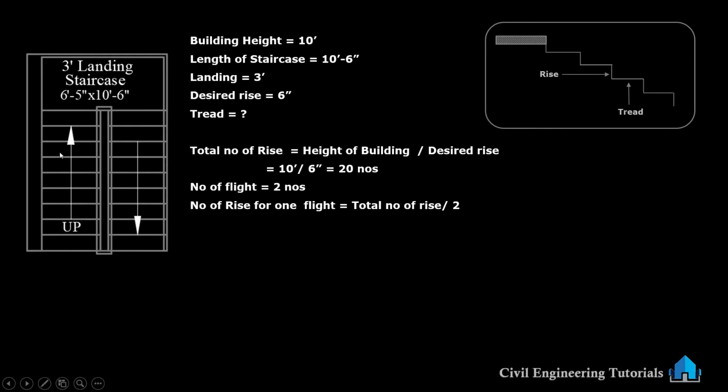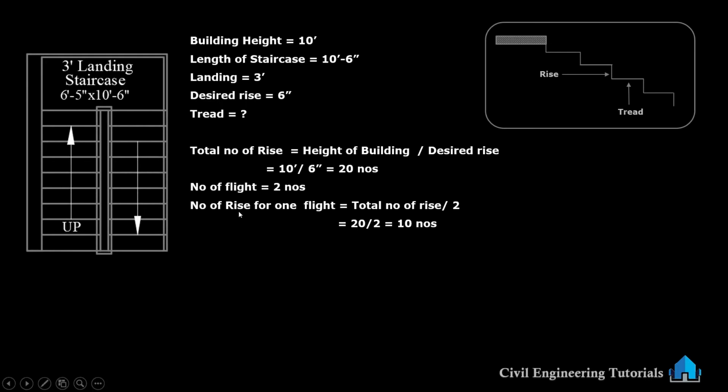For this single flight and this single flight, number of rise is total rise divided by 2, that will be 20 divided by 2, it's 10 numbers.